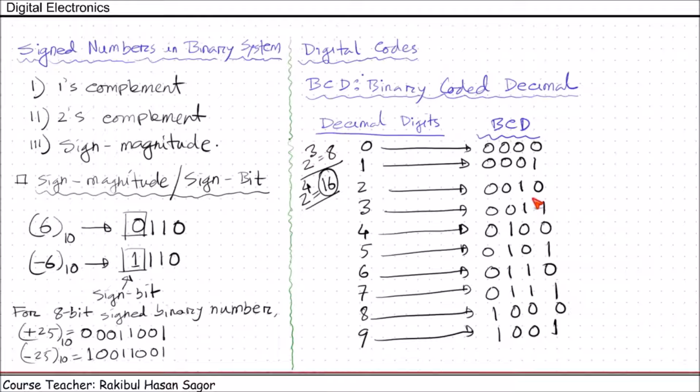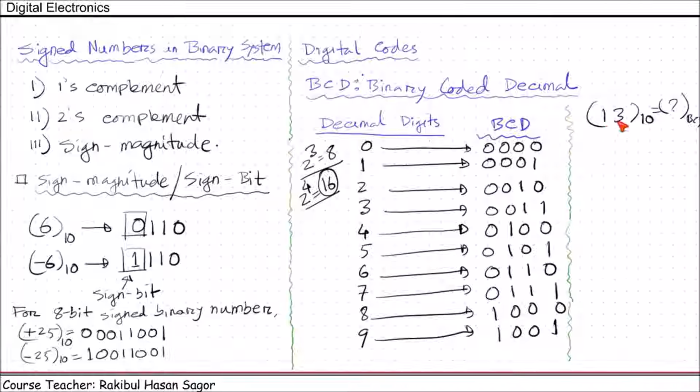So how do we represent any decimal number using BCD code? Suppose we want to represent 13 decimal in BCD, what is the value in BCD? This is how we represent it. We segmentize each digit. Each digit will be represented by its corresponding code. Suppose we have 1 and 3. 3 can be represented by 0011.